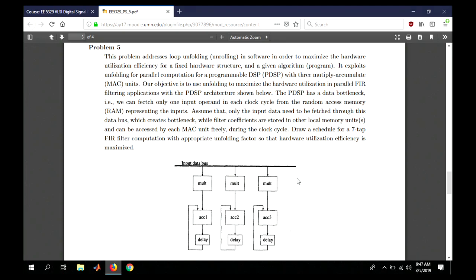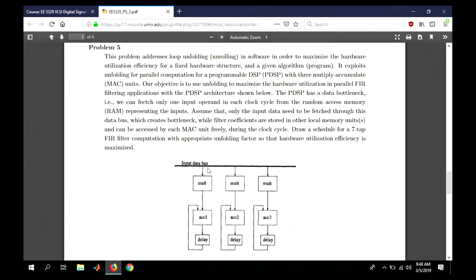When I created this problem, it was inspired by what was known as the data bottleneck in one of the very early programmable DSPs, I think TMS 32310, where you really couldn't have multiple operands in the data bus. So that was the inspiration for creating this problem.